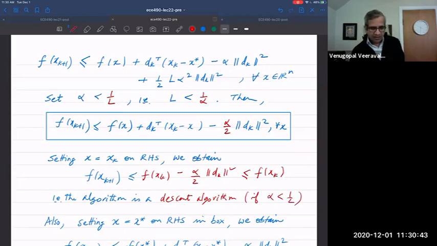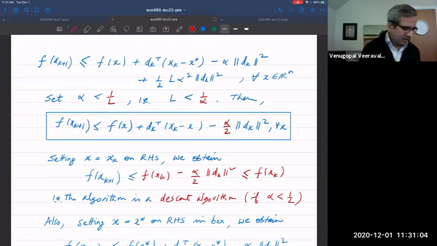Okay, so that's good. You already see some difference now between this and the subgradient method, because the subgradient method is not a descent algorithm, right? No matter how small you make your alpha, because there could be some subgradient directions that are bad. Whereas this, by combining these two, we do have a descent algorithm.